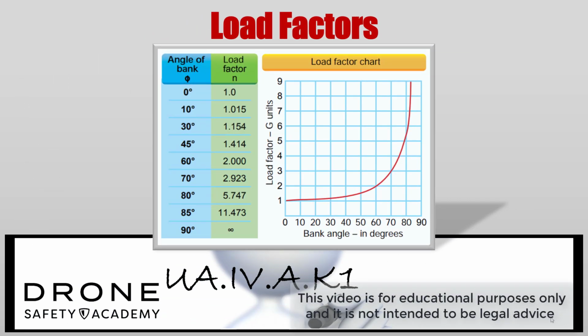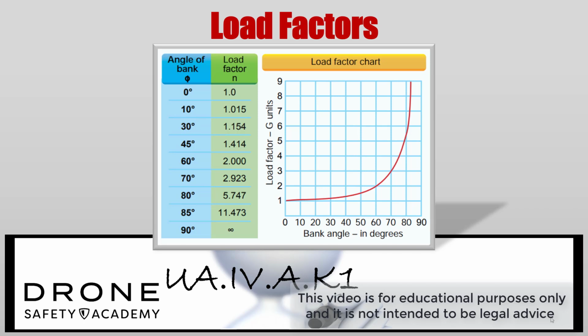Let's take a look at this chart. This is another chart that comes out of the Airman Knowledge Testing Supplement, which you will see at the Testing Center, and which is, of course, freely available. This chart is made up of two elements: the angle of the bank in degrees and the load factor. Let's take, for example, we look on the right-hand side, and we are making a 60-degree bank.